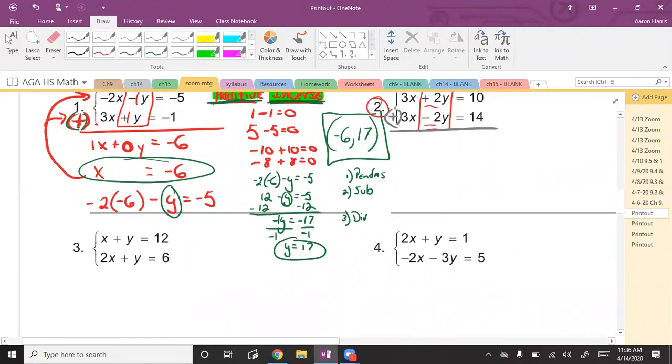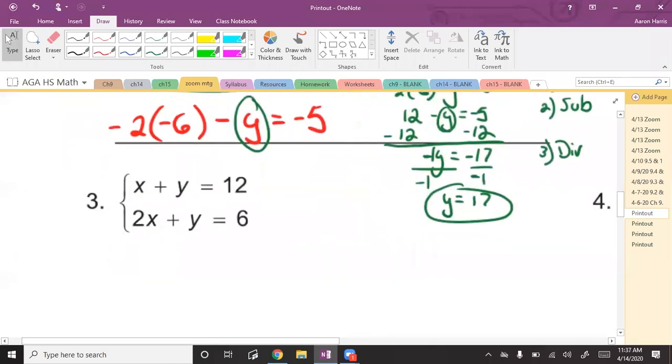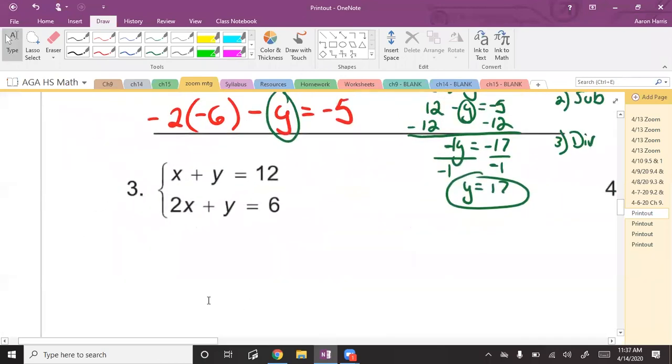Okay. So let's look down here. Because you're like, okay, we've been adding. When would I subtract? So now I have a 1 and a 2. They're not the same numbers. They're not additive inverses. I have a 1 and a 1. But they're both positive.